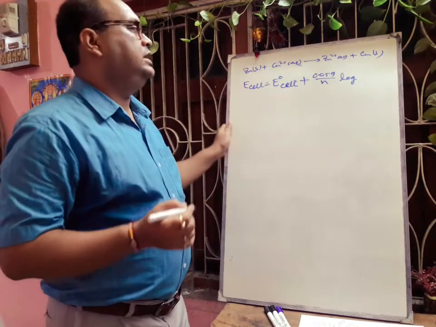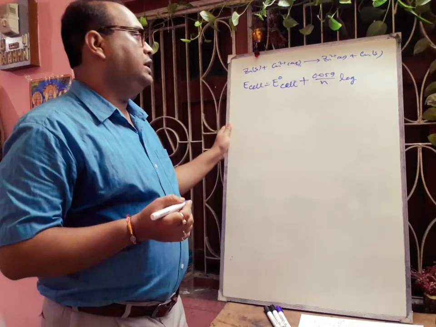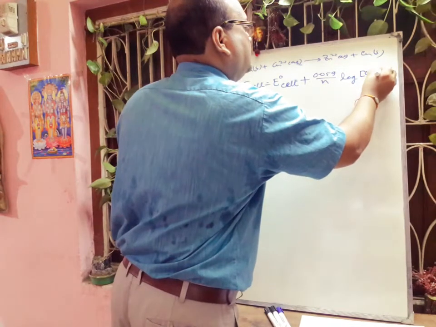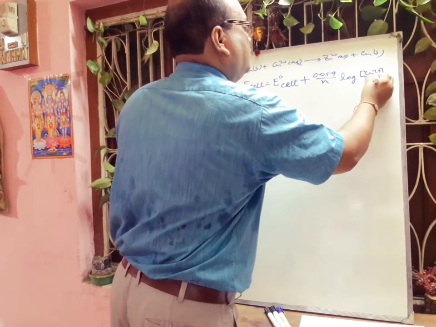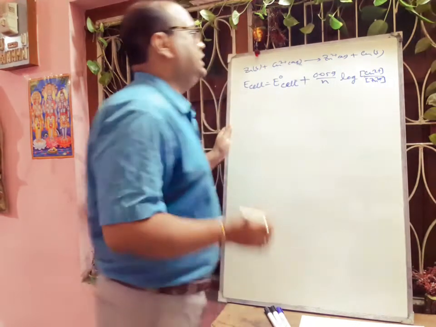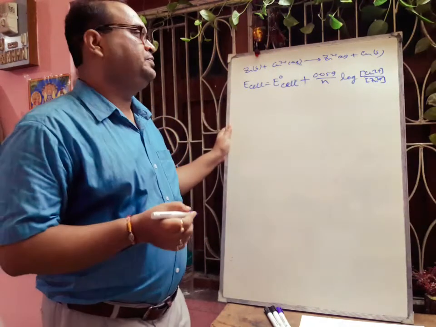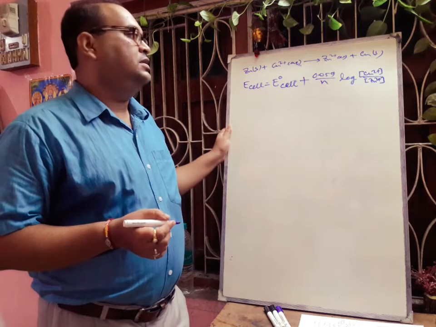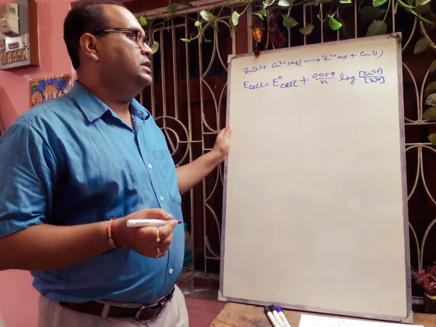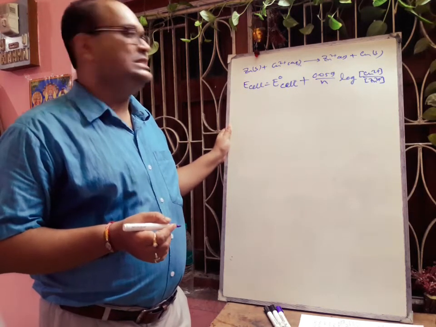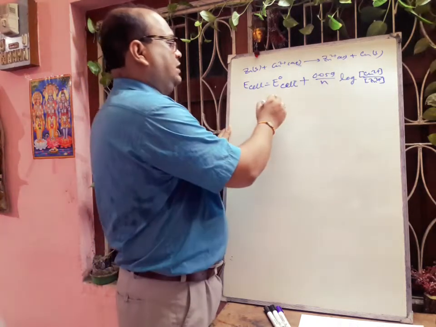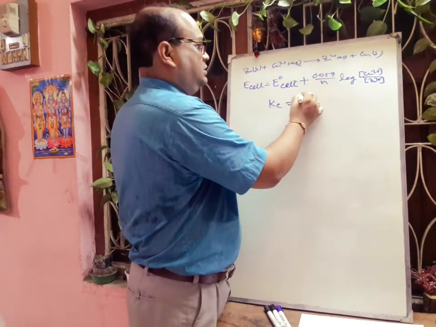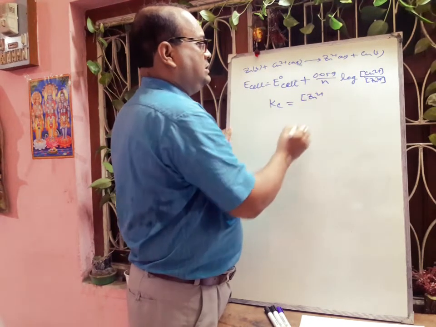For solids, that will be 1. So the concentration of Cu2+ divided by the concentration of Zn2+. That is the reactant by product. All of you know that in case of the equilibrium constant Kc, that will be the concentration of product, that is the concentration of Zn2+.